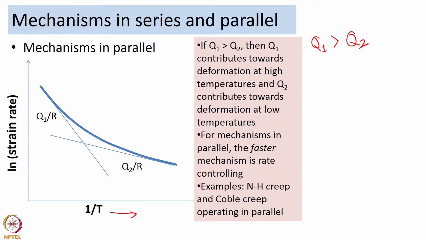Then what you will observe is at very high temperatures, the contribution of mechanism 1 towards the deformation is going to be larger than the contribution of mechanism 2. Therefore, at high temperatures the activation energy of deformation will be close to Q1. Similarly, at very low temperatures, the contribution of mechanism 1 is going to be small and mechanism 2 is going to dominate over mechanism 1. So, the activation energy of deformation at very low temperatures will be close to Q2.